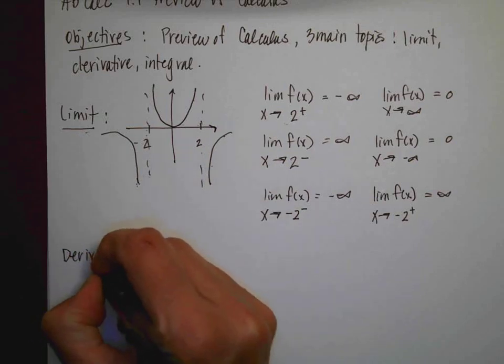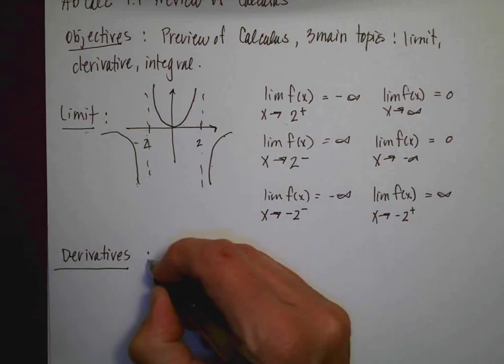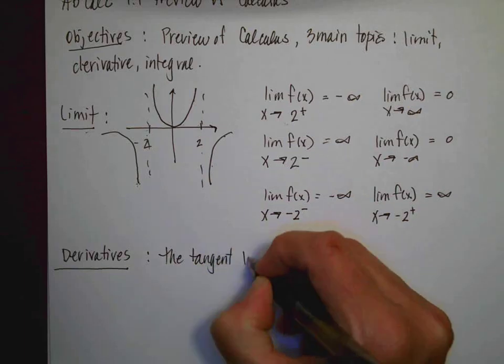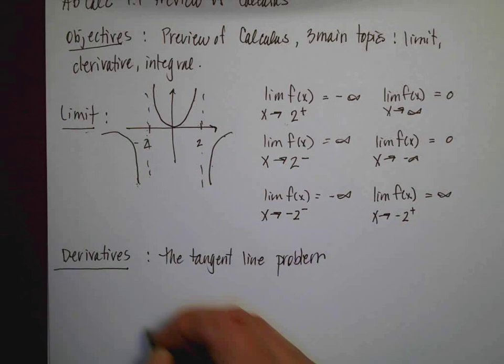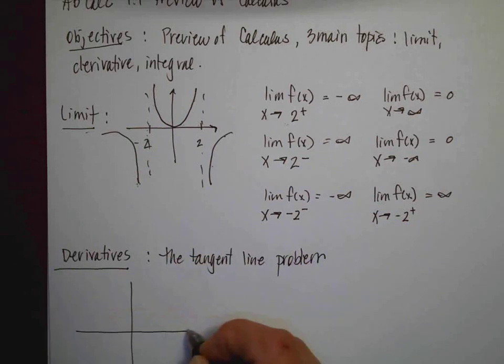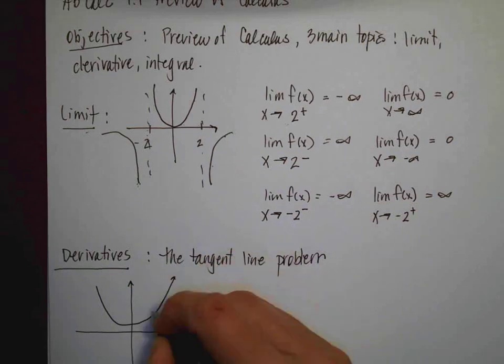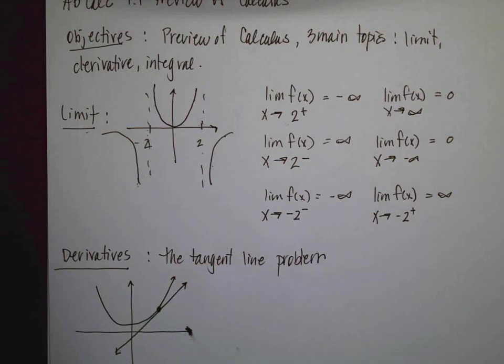The next concept in calculus that we want to talk about is derivatives. Okay, and this is going to be the classic tangent line problem. Okay, and so here's what we're talking about. So let's say I have a cute little function, and maybe it looks like this, and I want to know what happens with a tangent line.